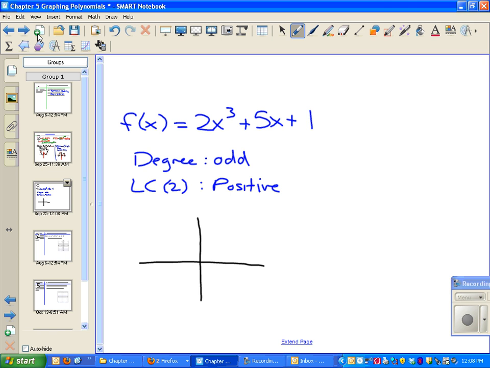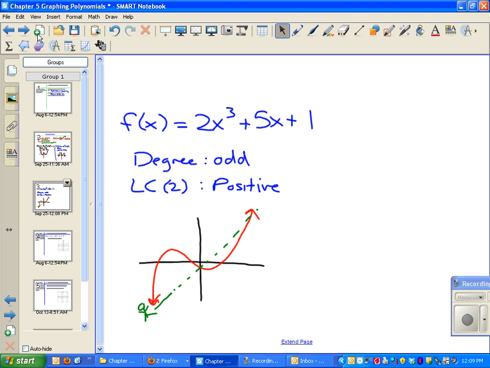So this one is going to start low, so it's going to start right here, go through somewhere on the x and y axis, and then it's going to end high. So we read a graph from left to right, so it's going to follow a positive slope, just like if you graphed a linear equation with a positive slope. So our little guy is going uphill.